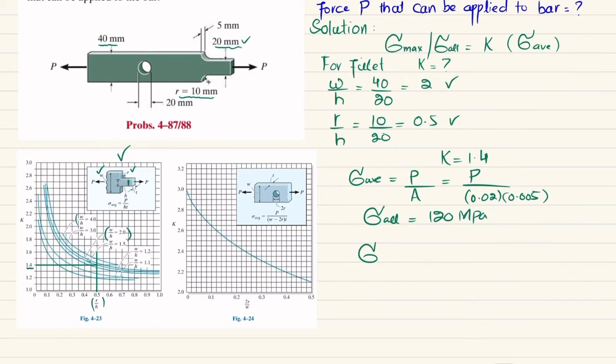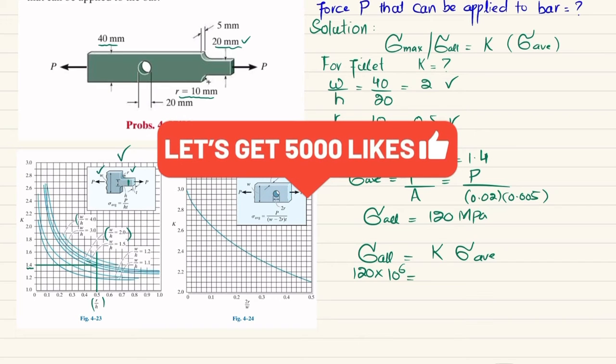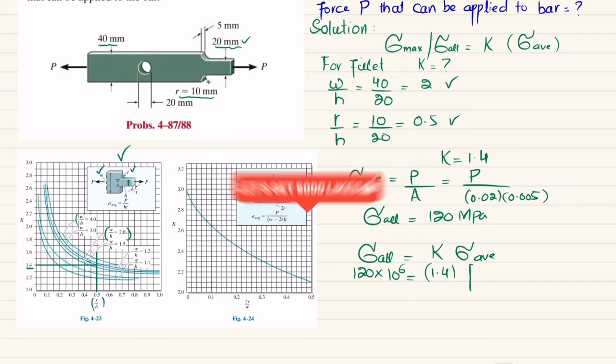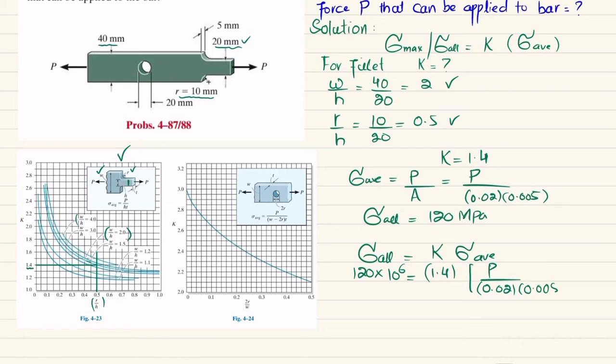Allowable stress is equal to K into average stress. So 120 into 10 raised to power 6 Pascal will be equal to 1.4 multiplied by average stress, which is P divided by 0.02 into 0.005. Clear?